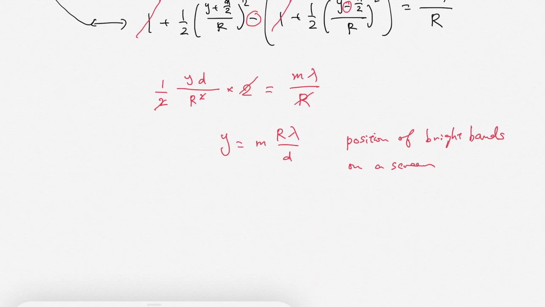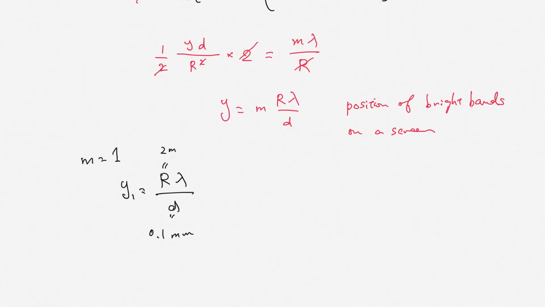Today's question is the first fringe. So m equals 1, you need to substitute. y sub 1 equals R lambda over d. R is 2 meters, d equals 0.1 millimeters and lambda equals 400 nanometers. So you can just substitute 2 times 400 times 10 to the minus 9 meters squared over 1 times 10 to the minus 4 meters.